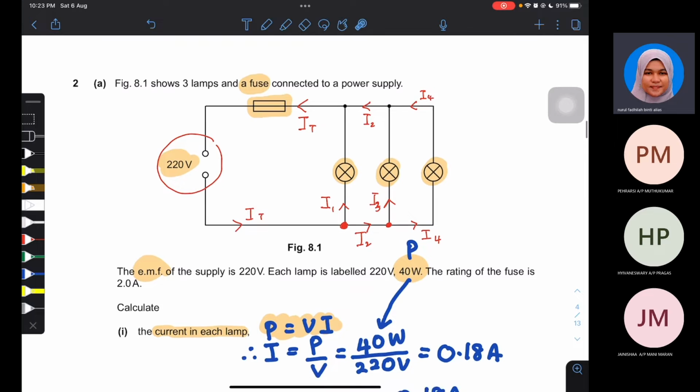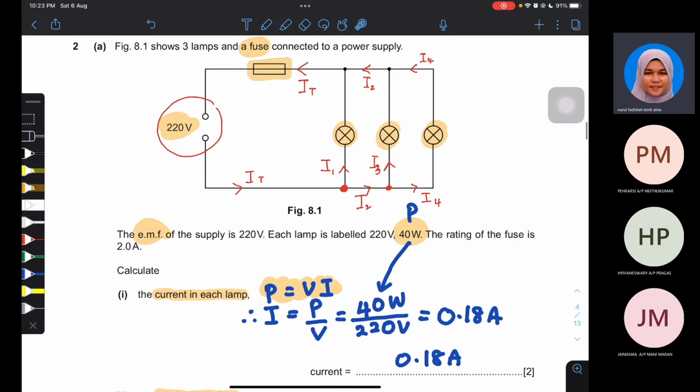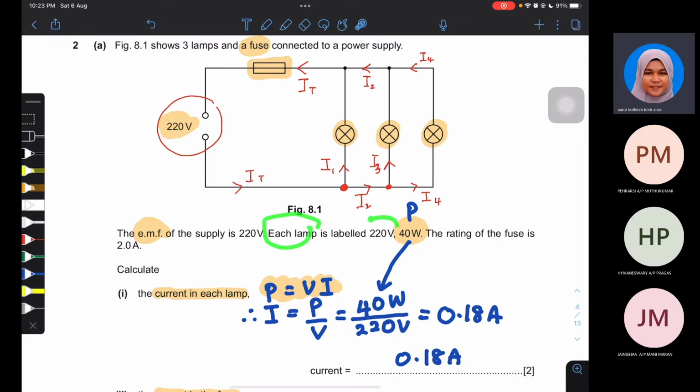Okay, so soalan ni dia beritahu, dia kata each lamp is labelled 220 volt and 40 watt. Maksudnya we have identical lamps. Bila kita ada identical lamps, maksudnya apa? Maksudnya current yang flow through the lamp, each lamp is equal.